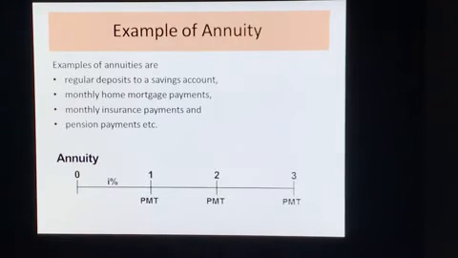If you have purchased a house on a mortgage, then the mortgage payment will be referred to as an annuity. These are some applied or practical aspects of annuity. Similarly, if you have purchased an insurance policy, then every year or every month you are supposed to make equal policy payments, equal premium payments. And pension payments are another example of an annuity.